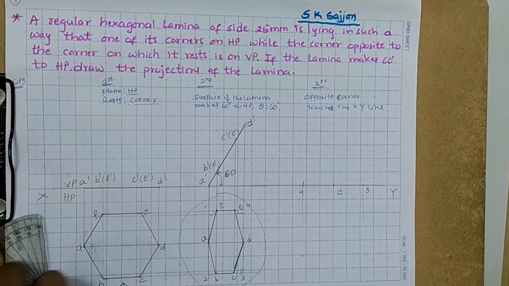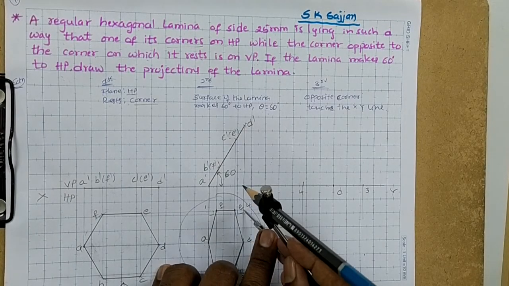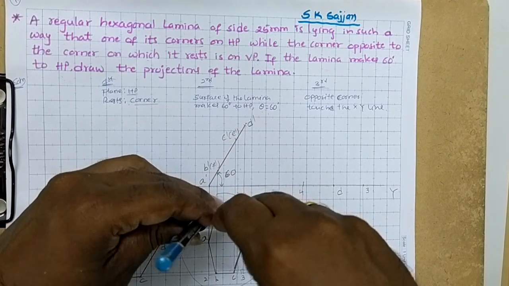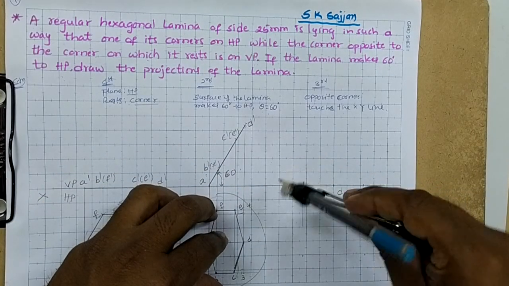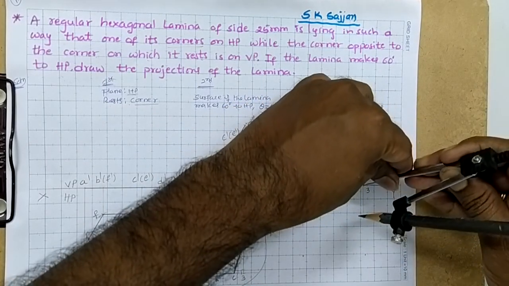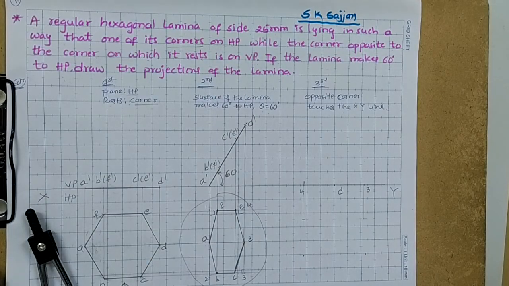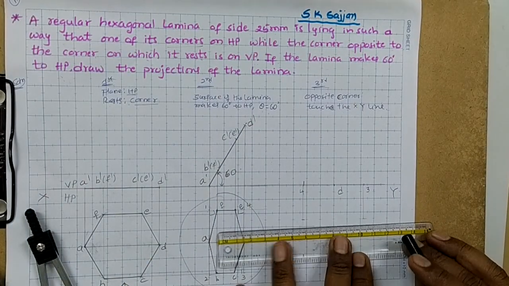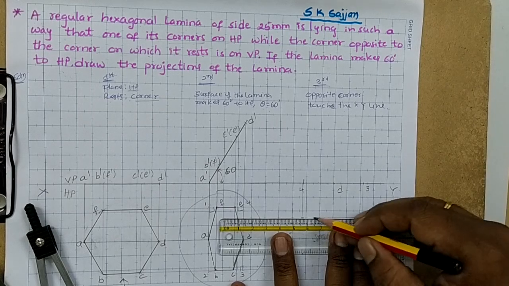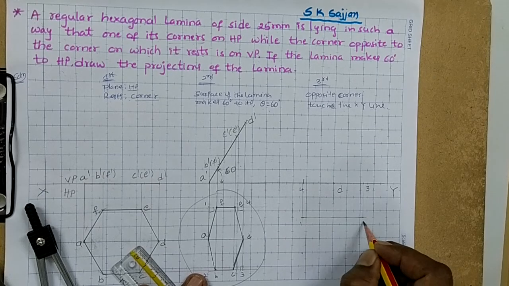Okay, now I want to mark the 1 and 4 to 1 and 3 to 2, same distance. Okay, I think both are same distance. I join these two. 1 2 3 4.